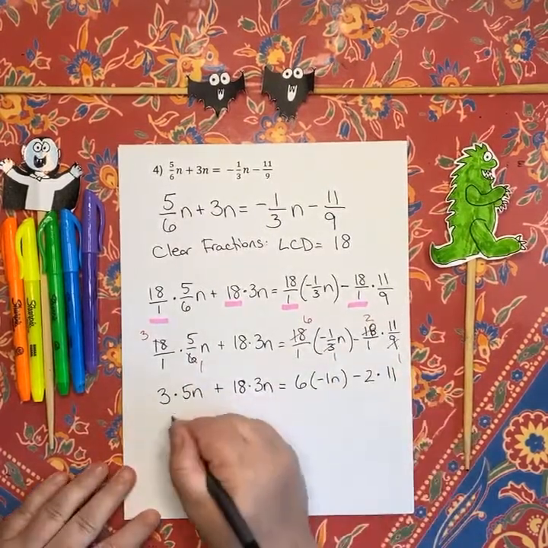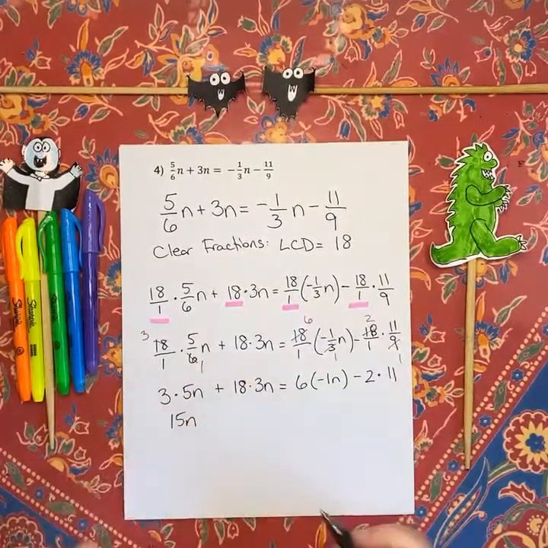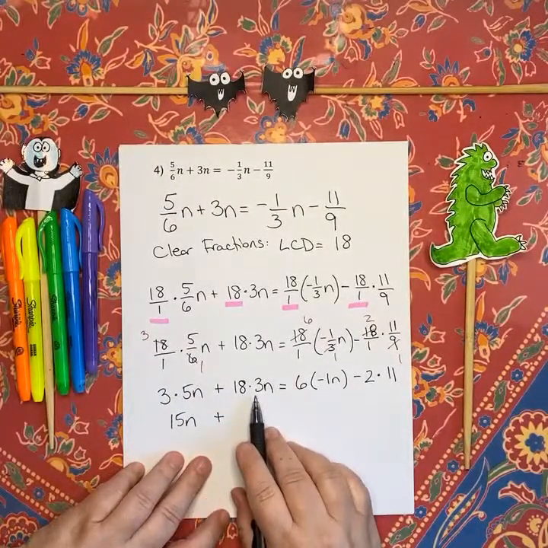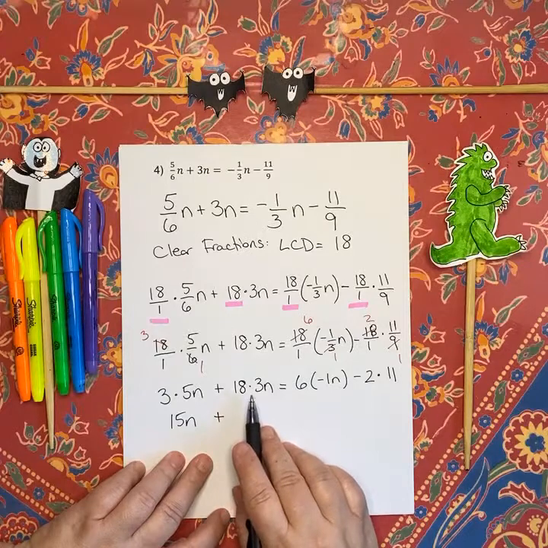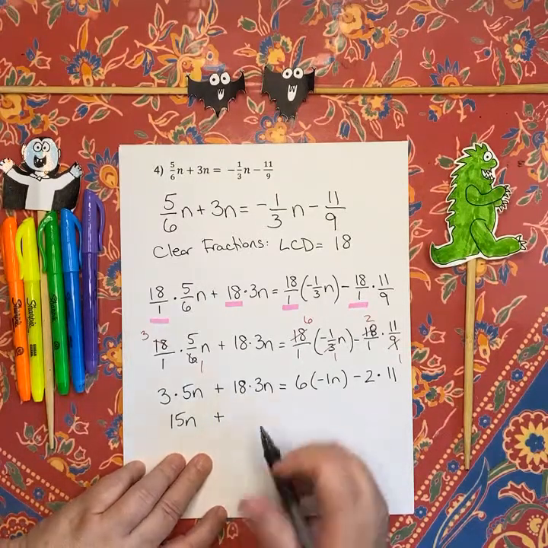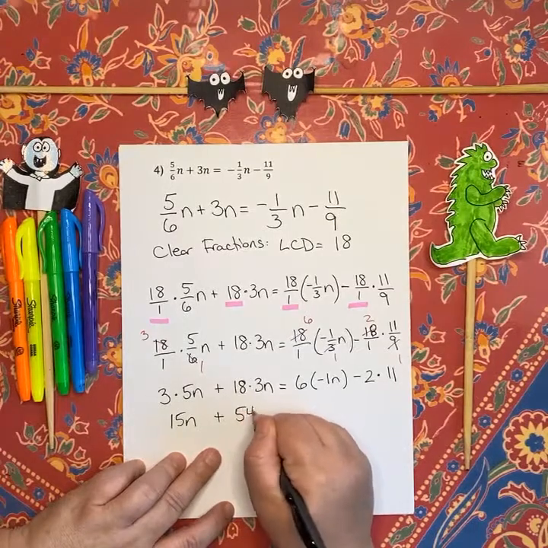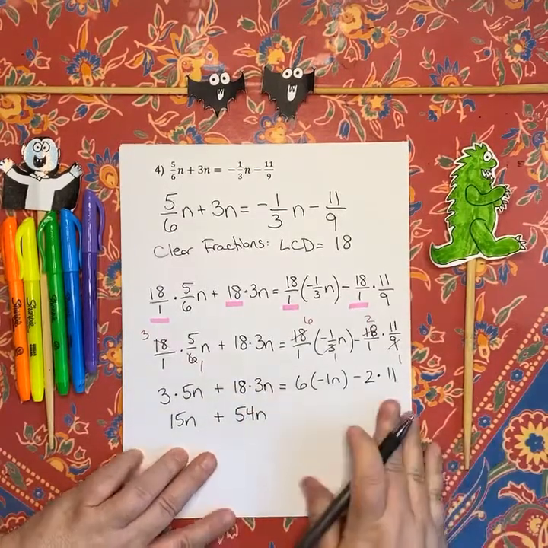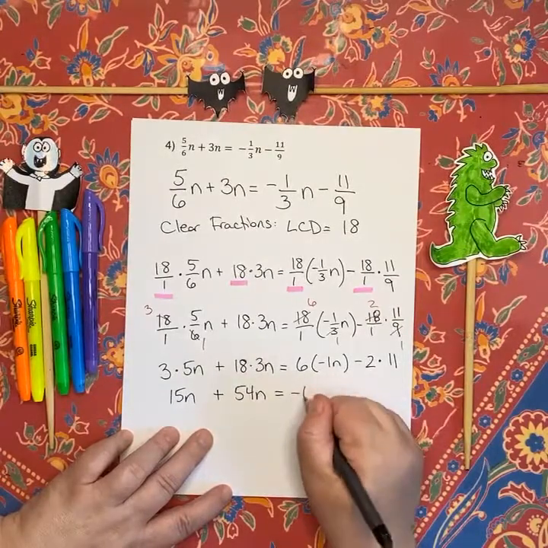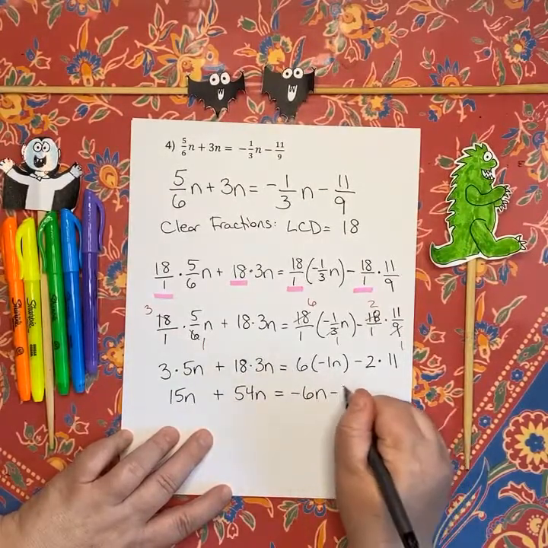Okay, this is 15n, not too bad. Okay, 18 times 3 is like 20 times 3, which is 60, minus 2 times 3, which is 6. That should be 54. I could have also used a calculator. Okay, equals, this is negative 6n minus 22.